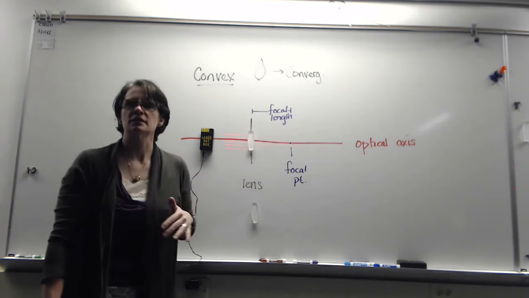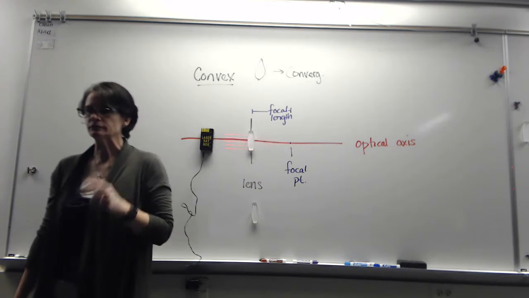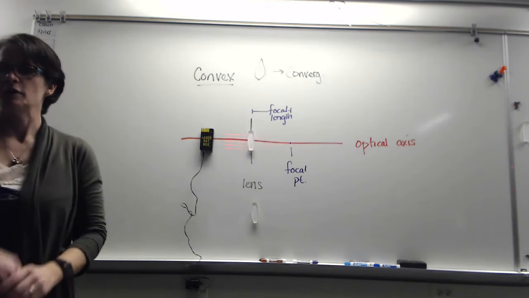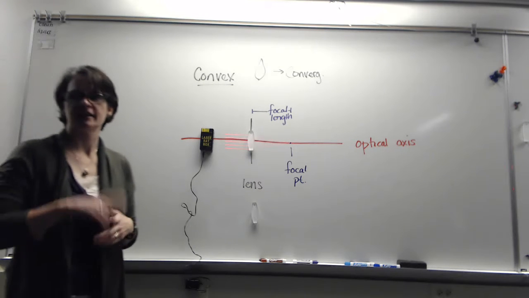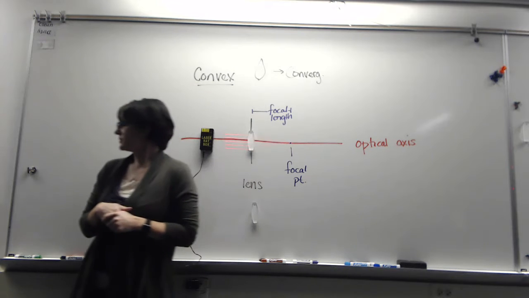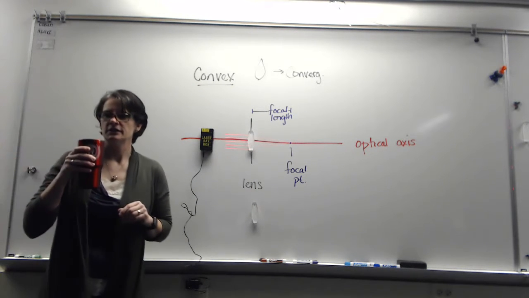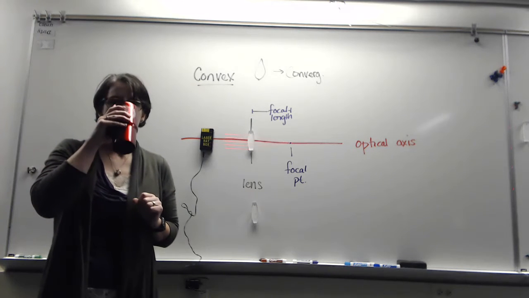Decrease the focal length, or does the focal length remain the same if I put in a curvier lens? I want you to answer in my chat. I've given you increase, decrease, or remains the same. Tell me what you think will happen with a curvier lens.